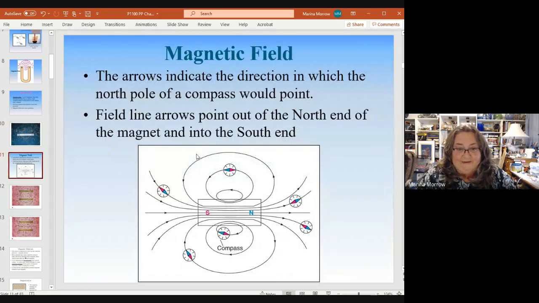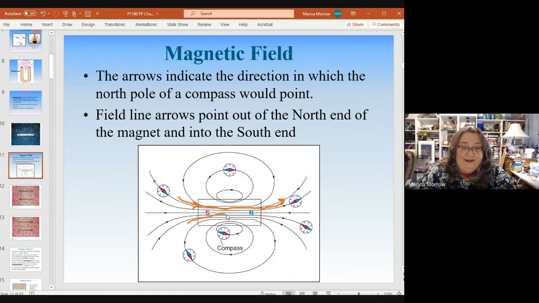Okay, so put in lots of compasses and you would see the compasses lining up on those magnetic field lines. And field line arrows point out of the north end of the magnet, and into the south end. But notice that they continue right through the magnet. And in fact, there's nothing special, it looks like, about the north and the south locations, right?